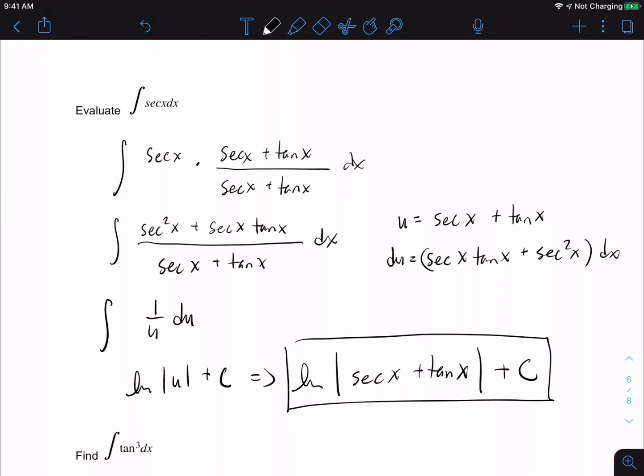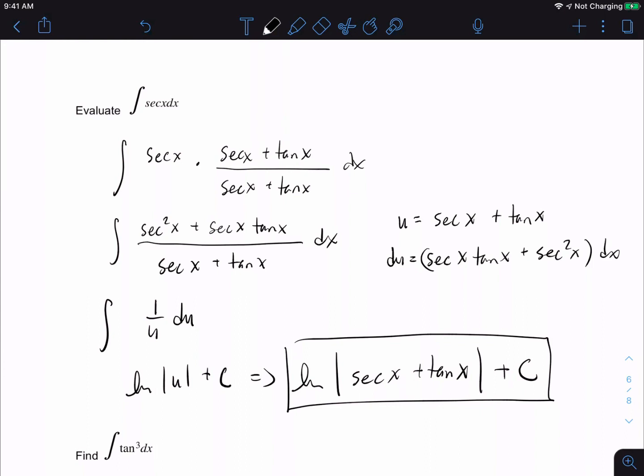But if you don't remember the process of multiplying both top and bottom by secant of x plus tangent of x, you're stuck. So this is one that's going to be important for you all to process and memorize. It's just a special case.